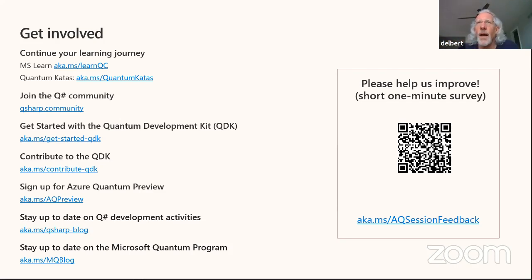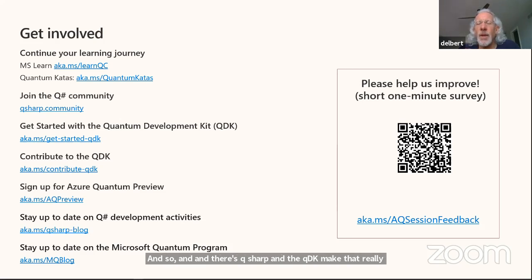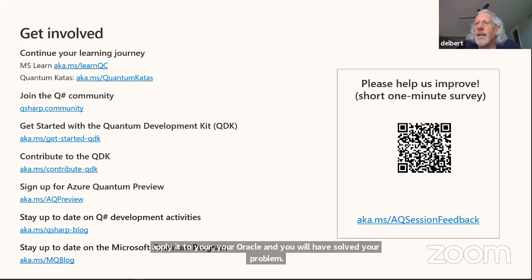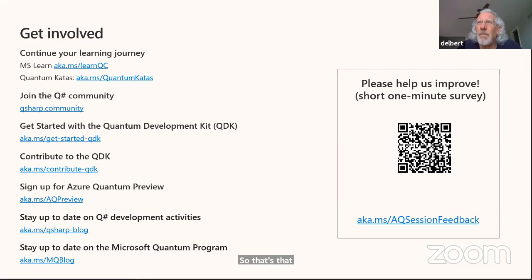Q# and the QDK make that really easy, because there's a Grover's search function. So you just import it and apply it to your oracle, and you will have solved your problem. That's about the best way I can think of explaining those differences.